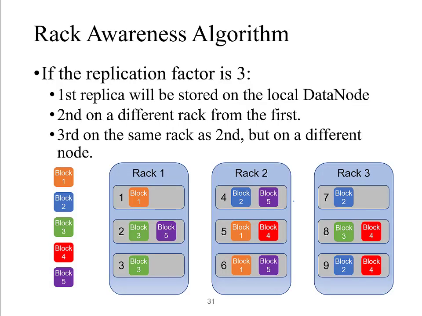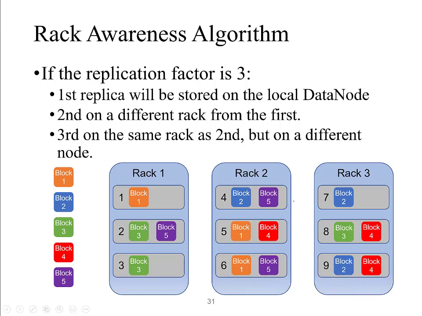All right. So if the replication factor is 3, as we have mentioned a long time before, we have a rack here. Recall that the nodes in one rack are supposed to be physically close to each other.